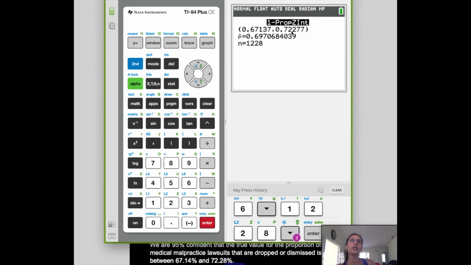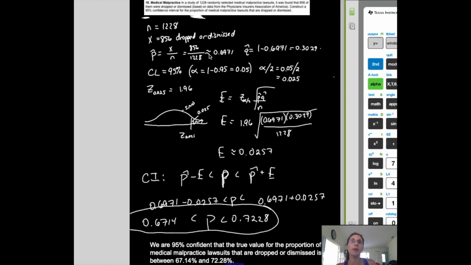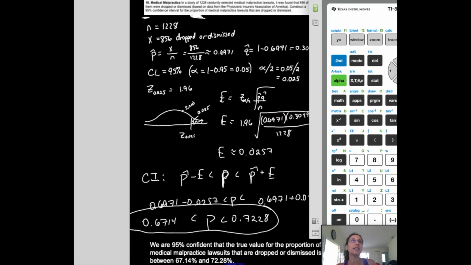0.6714, 0.7228. It gives it in interval notation. Interval notation from algebra means that this is an interval of numbers from here to here and in between, not including the ends, because in interval notation you have brackets if you're including the ends. But look at that. It actually calculates my p-hat, 0.6971.